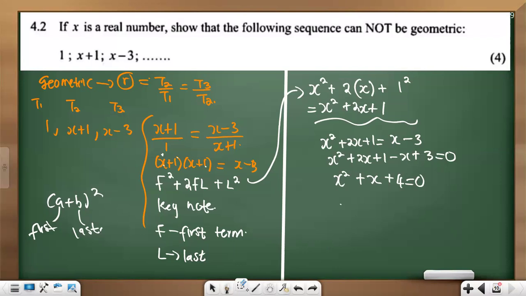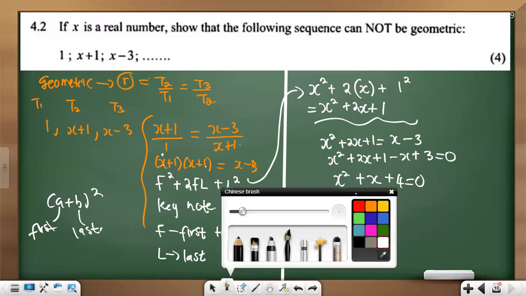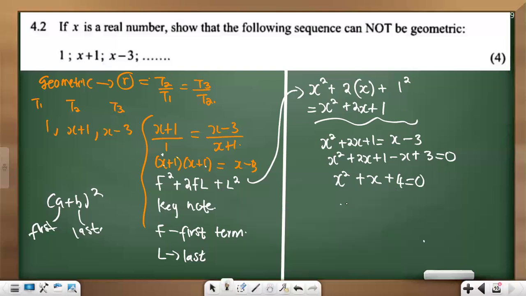All right. Before it wastes my time, how do we prove if there's no solution? I'm just going to use my delta, b squared minus 4ac. It will be 1 squared minus 4 times 1 times 4. And that will be 1 minus 16, which is negative 15.